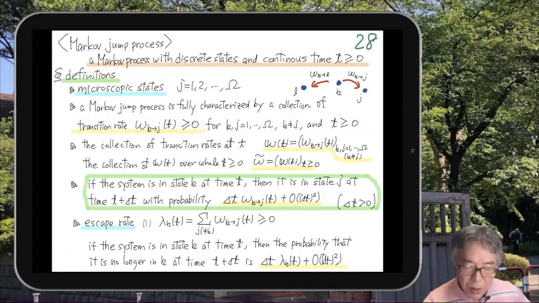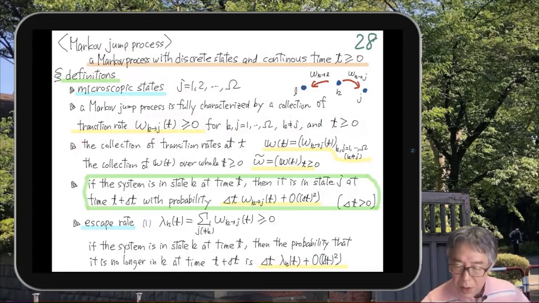Here kj is an ordered pair. For any ordered pair kj, I define this transition rate. And here are just the notations.